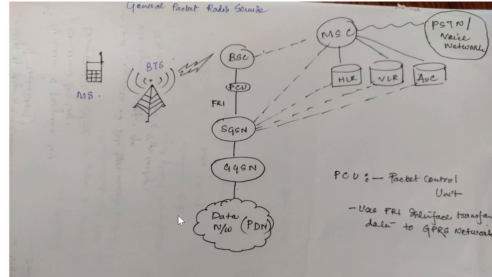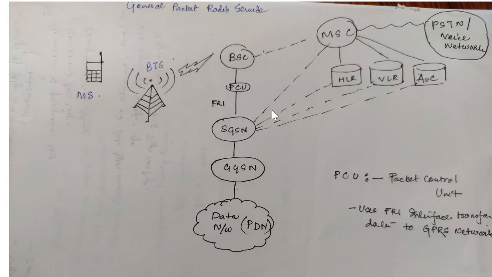Similarly, here also the GSM MS needs to be upgraded to support the GPRS service. Similarly, as we know, BTS software packages also need to be updated. Those applications also need to have support for GPRS.